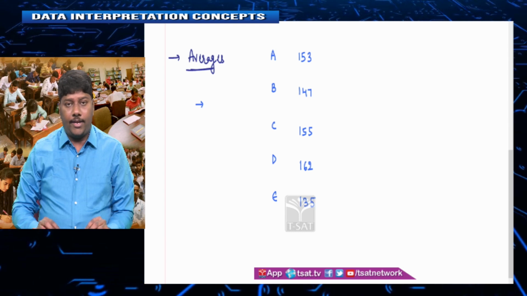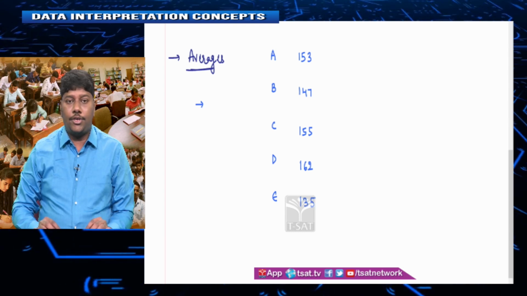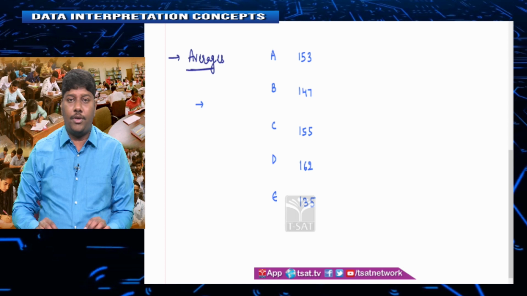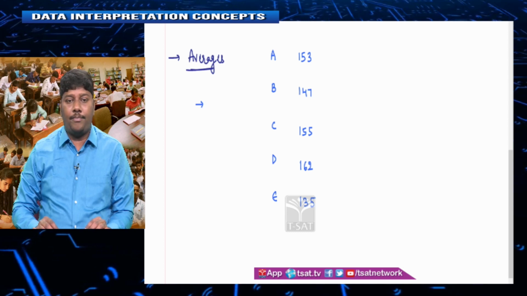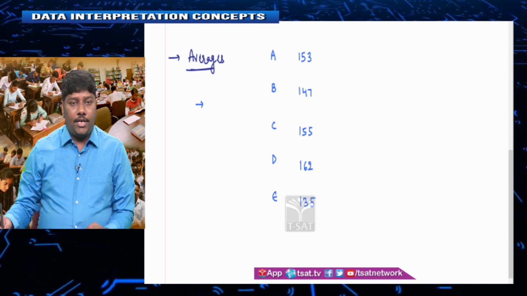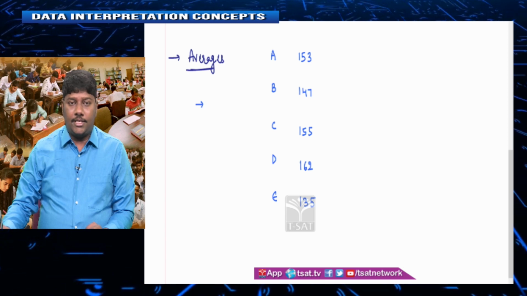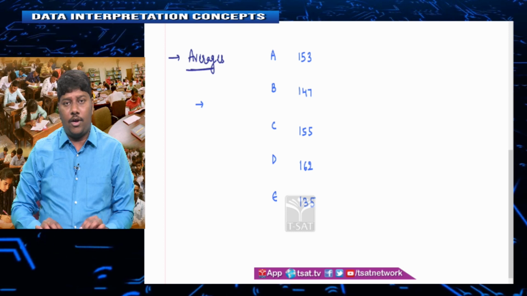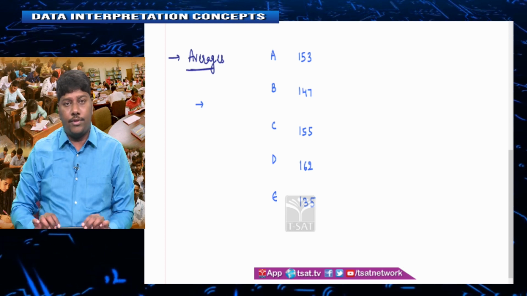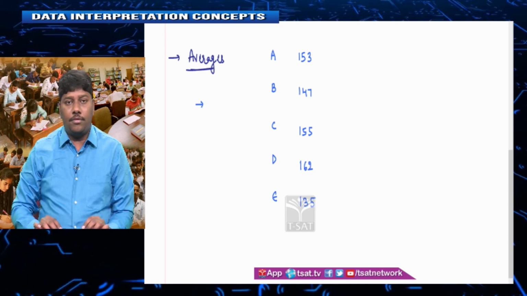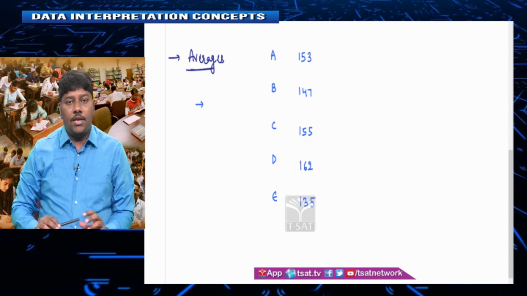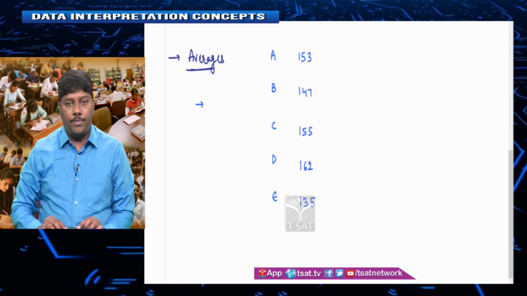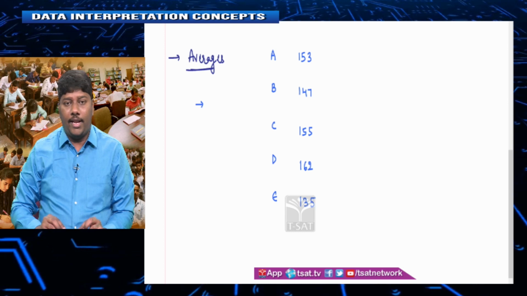When this kind of data is given, how do you find the average? If they ask you the average number of cars produced by the 5 companies, in terms of thousands or lakhs or millions, it doesn't matter, all you have to look at is that mostly in data interpretation all the values given are close to each other. They don't give you values with much dispersion; they give you lower dispersion, which means the difference will be less.